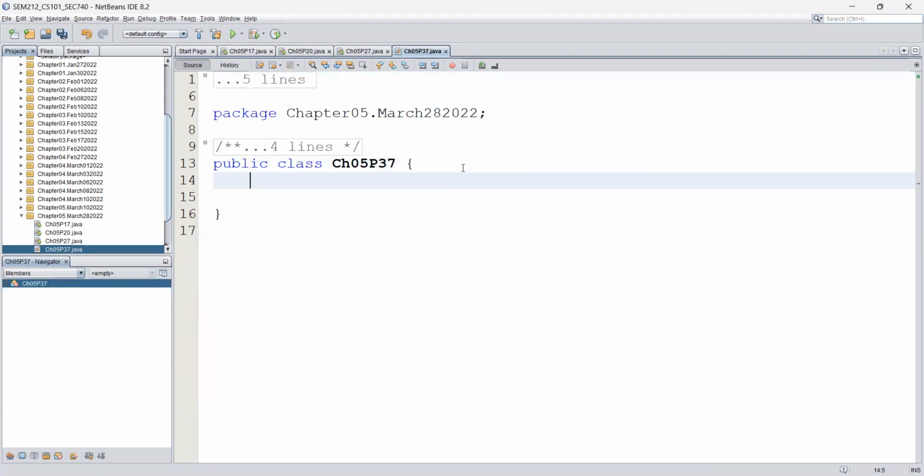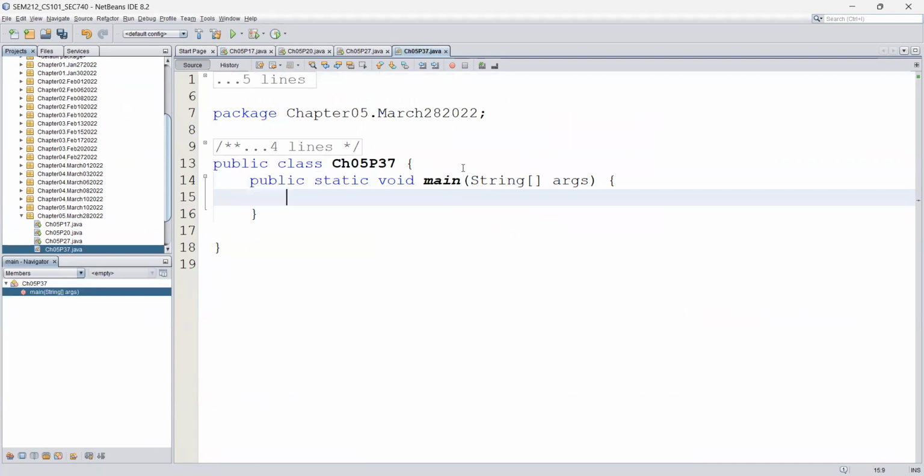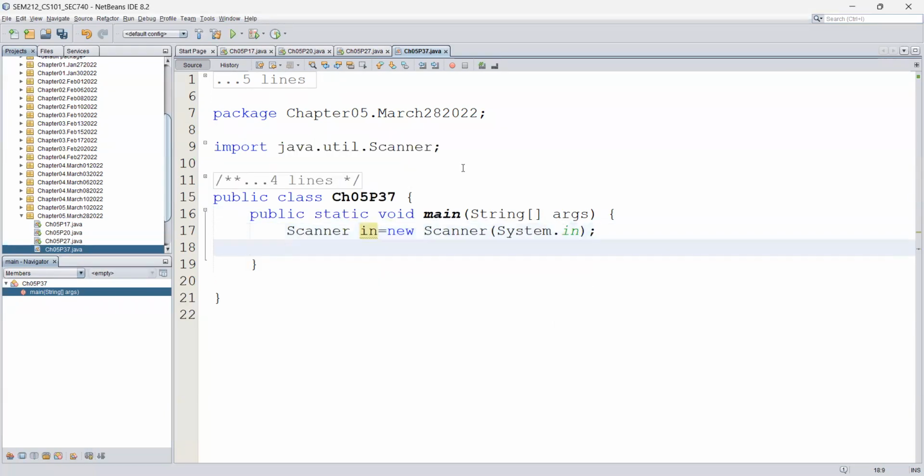Okay, let's start with PSVM. Scanner in equals new Scanner. Okay. What is expected? The user enters the number.